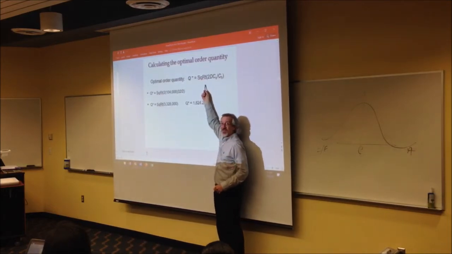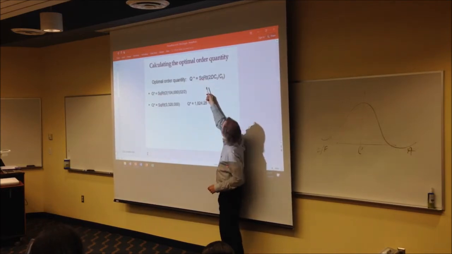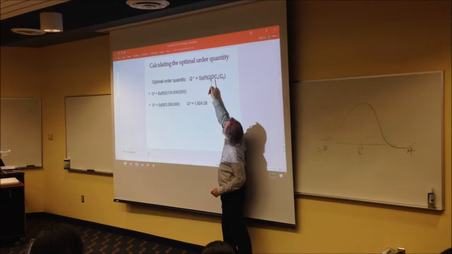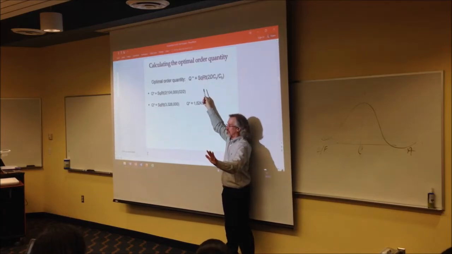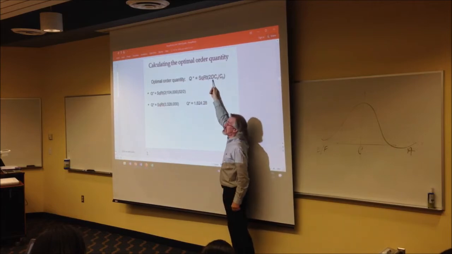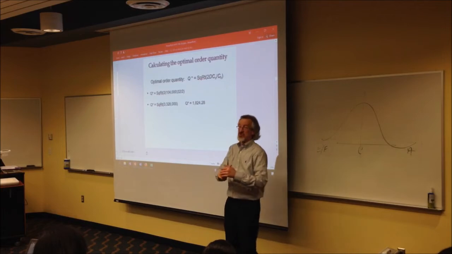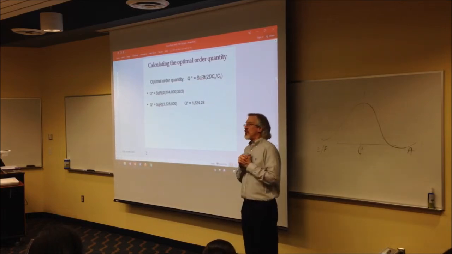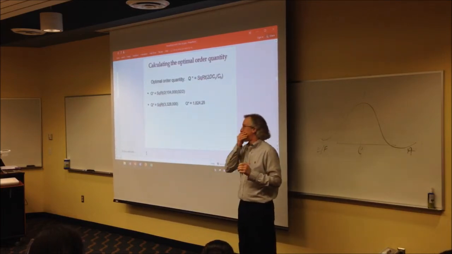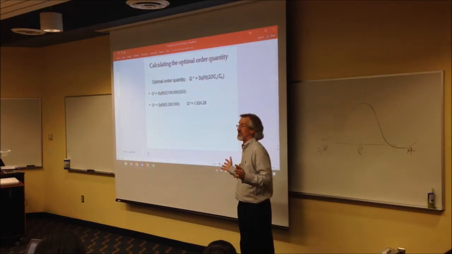That formula is your key formula. This is it. Right here. Square root of 2. It's always a 2. That's a constant. There's no reason to ask why. D stands for annual demand. The store may say, hey, you sell, I don't know, 50 pairs of shoes a week.